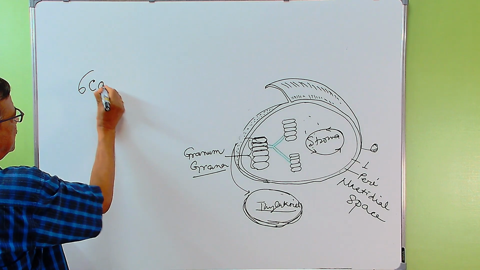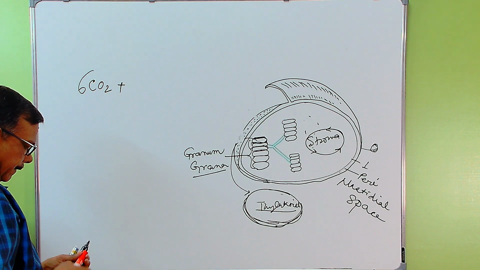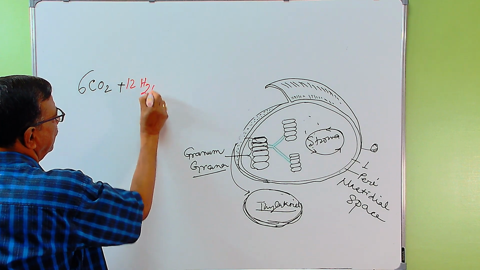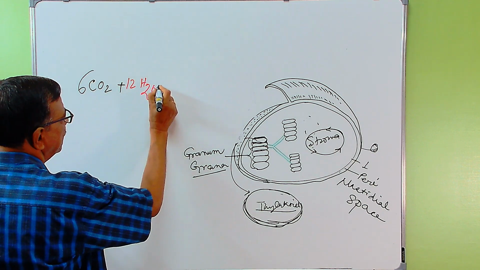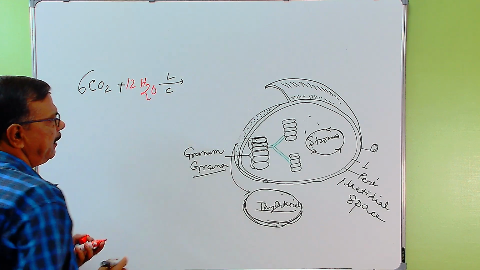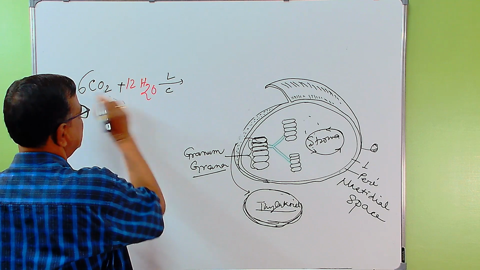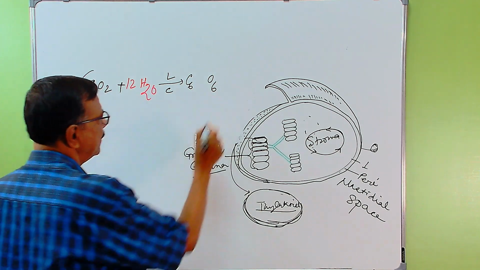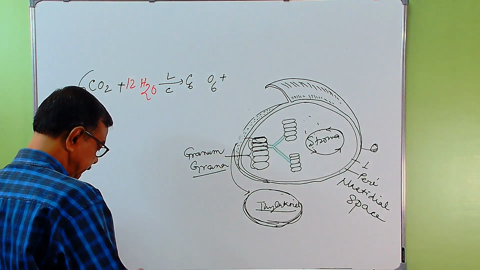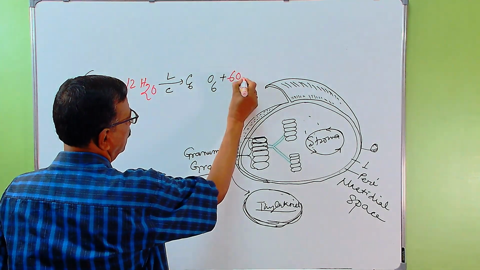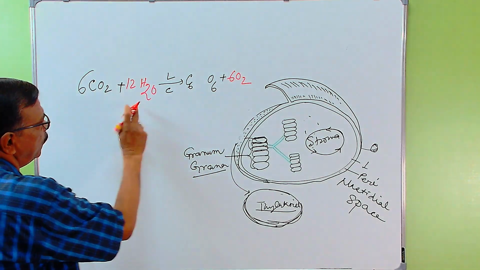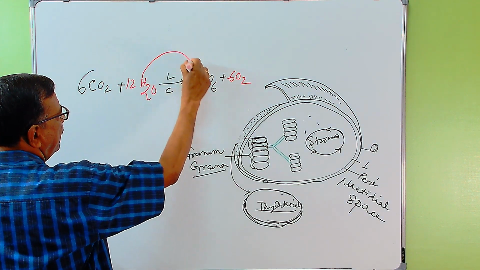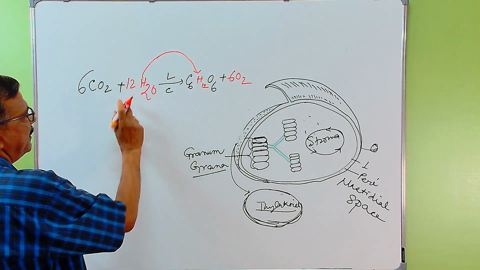We have already discussed 6CO2 plus 12H2O, and with light and chlorophyll the reaction goes to C6H12O6 plus 6O2.